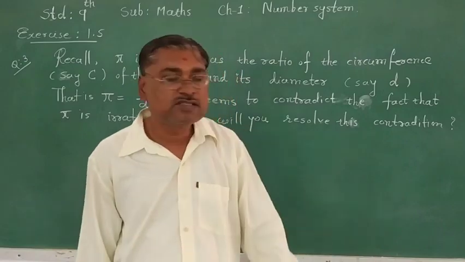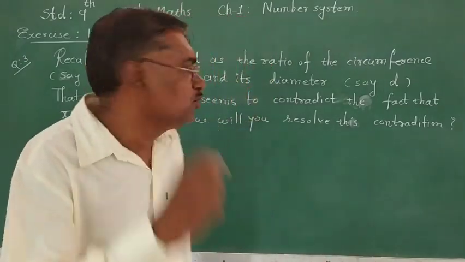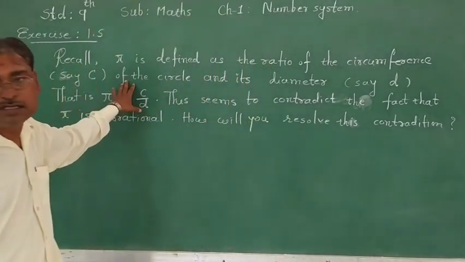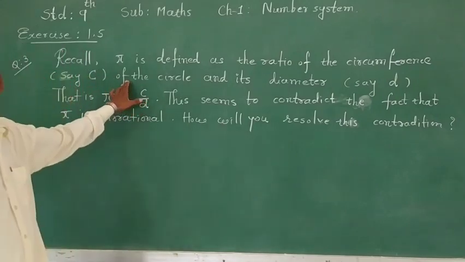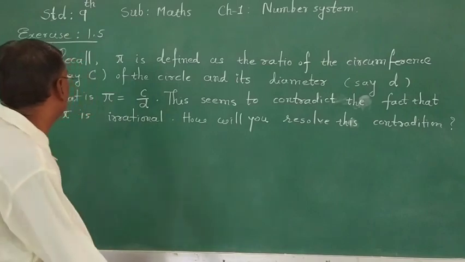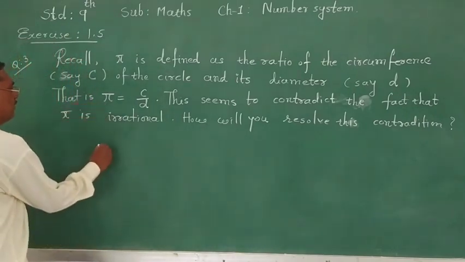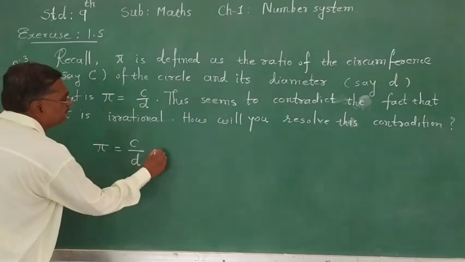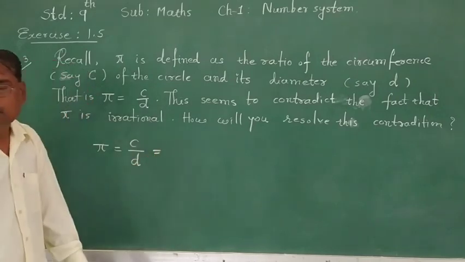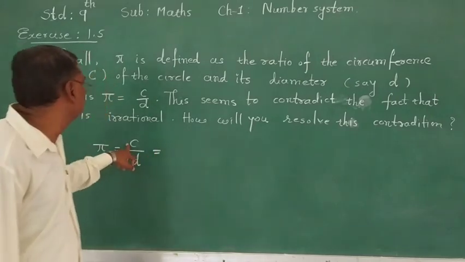Okay, to resolve this contradiction, first we are going to find out what the circumference of the circle is and what the diameter of the circle is. So now we have been given pi equals C upon D. What is C?